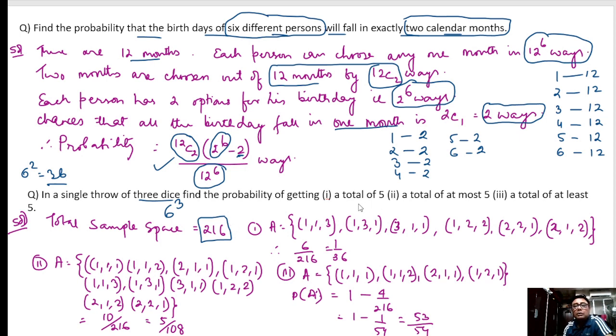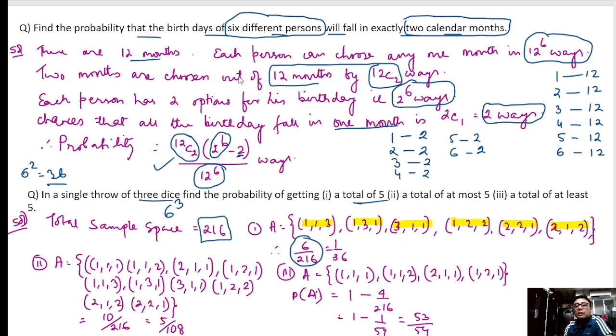I want a total of 5. Okay, we are throwing 3 dice. So in the 3 dice, how many ways can you get 5? It can be 113, 131, 311, 122, 221, 212. So there are a total of 6 options in which you can get a total of 5. So 6 by 216 is the answer.